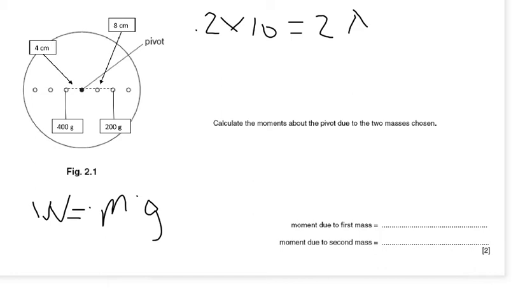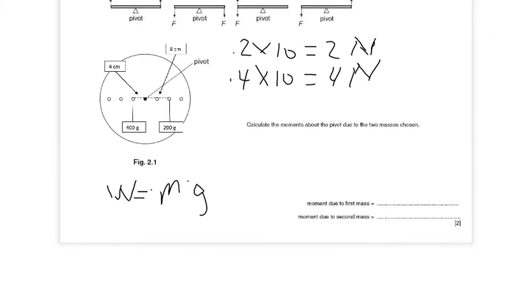And then the other mass, 0.4 kilograms times 10, is equal to 4 newtons. So those are the weights of those masses. That's step one. Now that we know the weights, which is a force, we can calculate the moments.